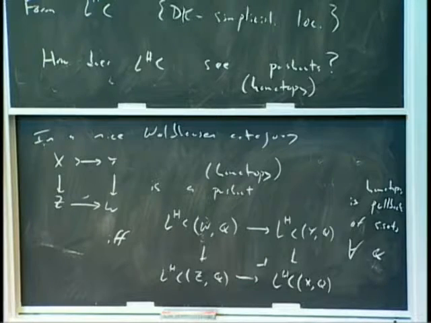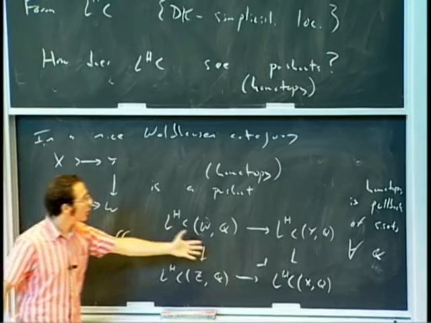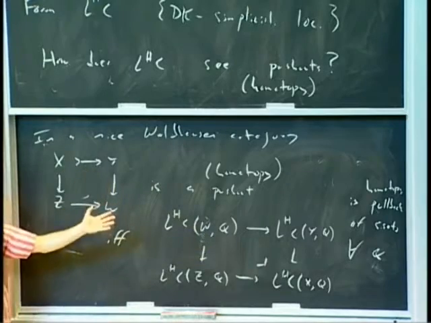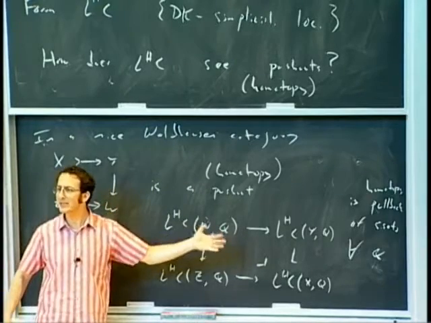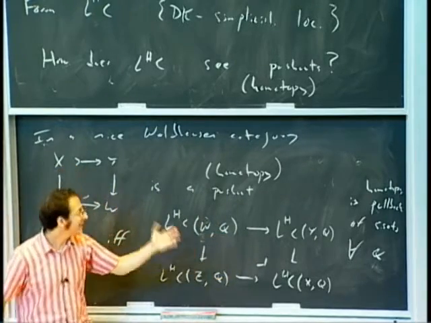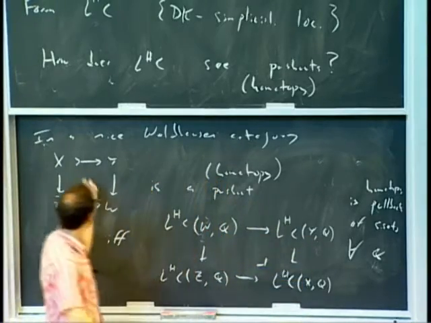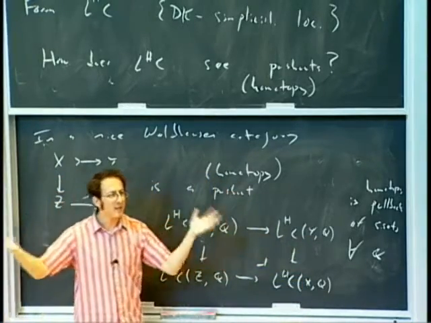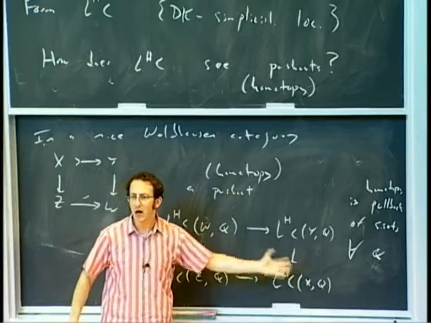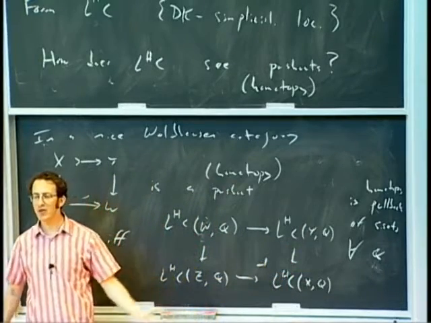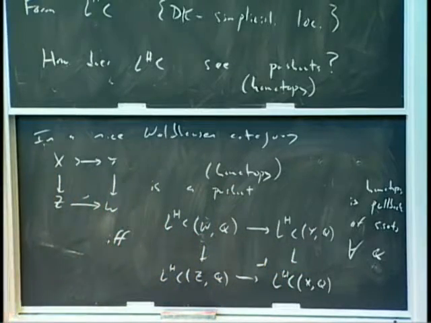Well, here what I'm saying is I don't necessarily understand homotopy colimits in an arbitrary category, but I certainly understand homotopy limits in simplicial sets. And I can detect whether or not this square is a homotopy pushout in this random category by looking at the Dwyer-Kan mapping spaces. So this tells you that simplicially enriched categories know everything there is to know about homotopy theory. That's another equally valid way of talking about homotopy theory.